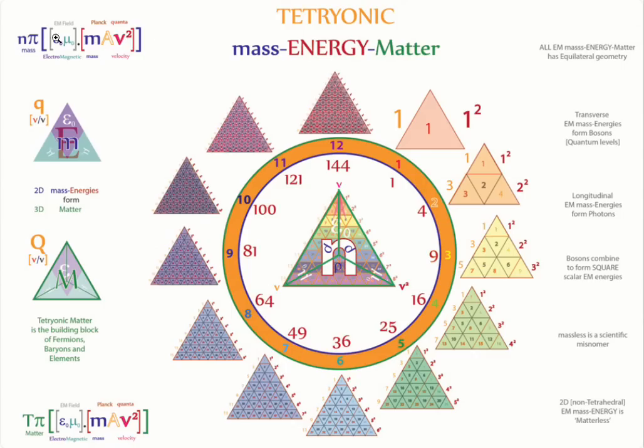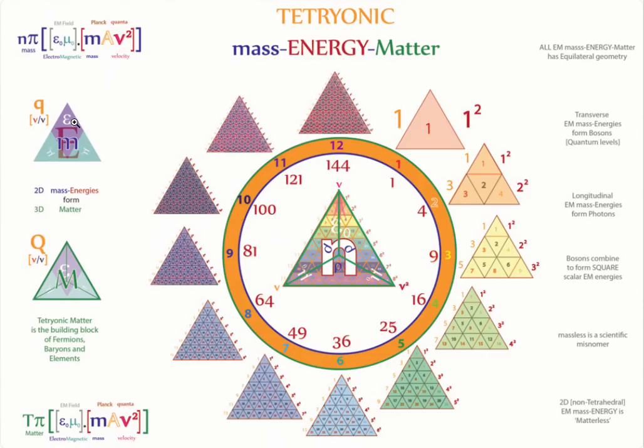And as I've mentioned, within Tetryonics we term two-dimensional mass energies as n-pi, because they can contain a large number of equilateral geometries, and we term matter as t-pi, or Tetronic geometries, and the T stands for tetryon, so they're always made up of matter quanta or tetrons.